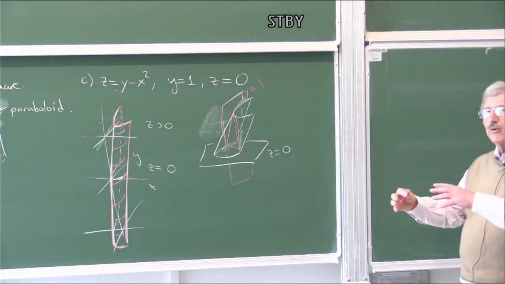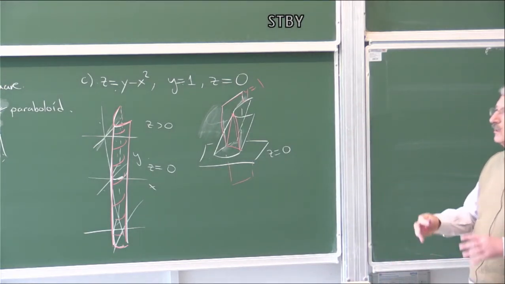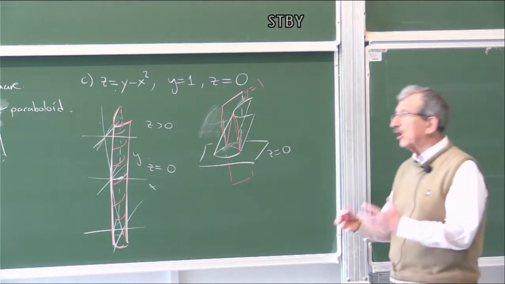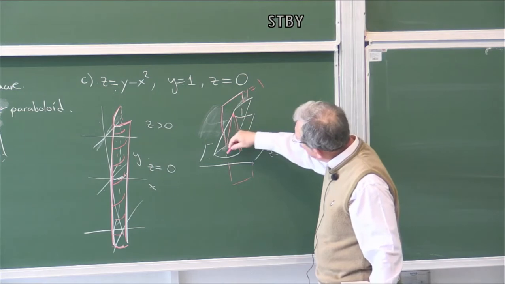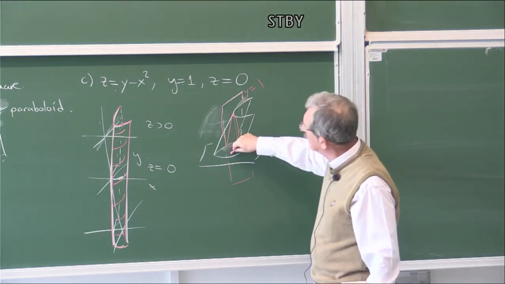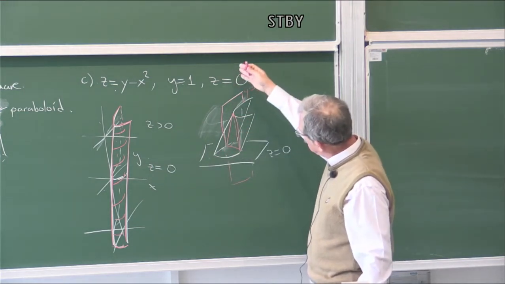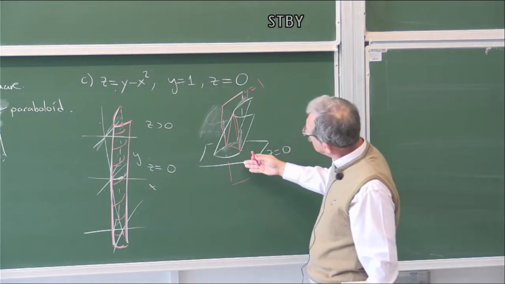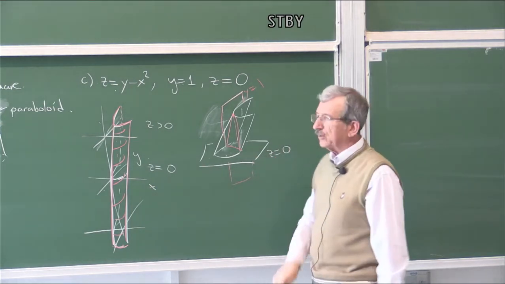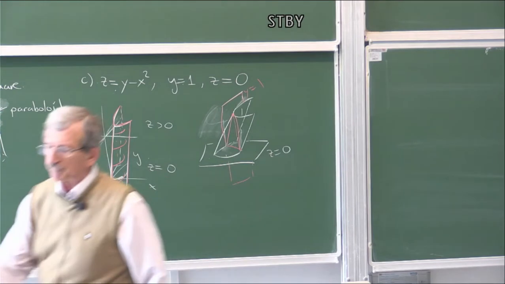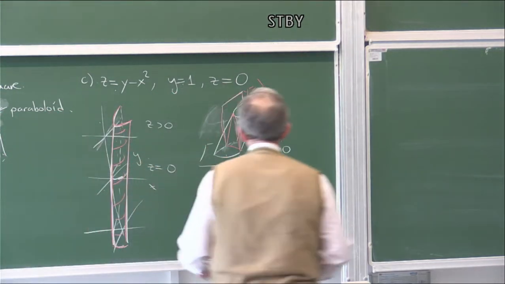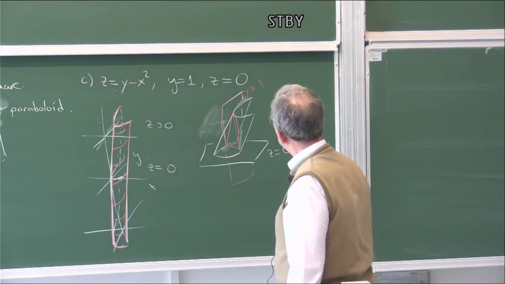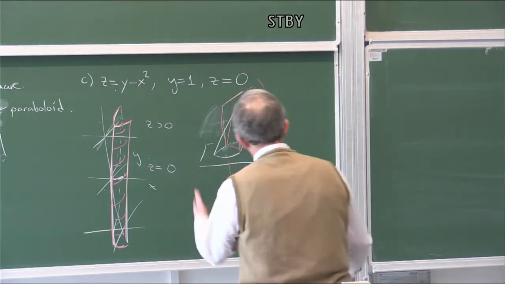Now, using your imagination, you can now see our bounded solid. Basically, it's bounded by this curved surface. From the top, you have a vertical surface cutting, and from the bottom, you have a base. Well, a better picture could be perhaps something like this.